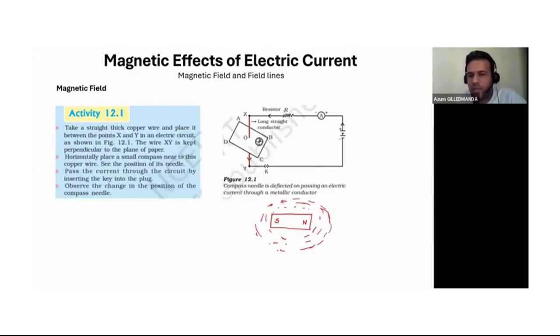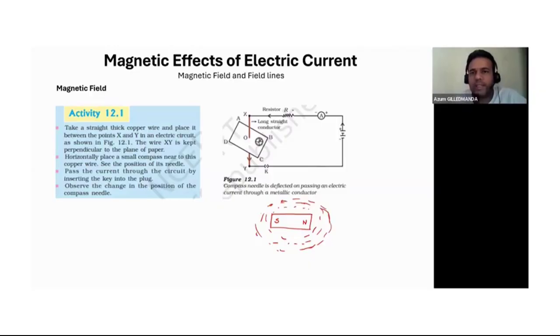If you keep any metal near the magnet, it gets attracted. So surrounding a magnet there exists a field, that is a magnetic field, which can attract materials, the metals.